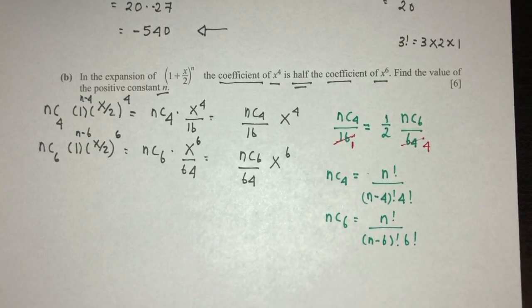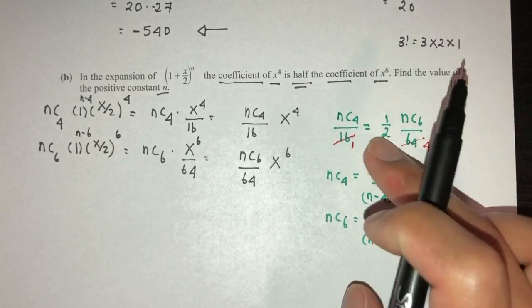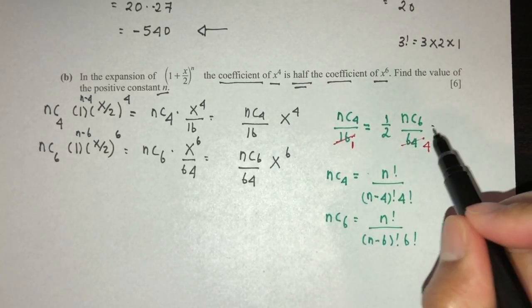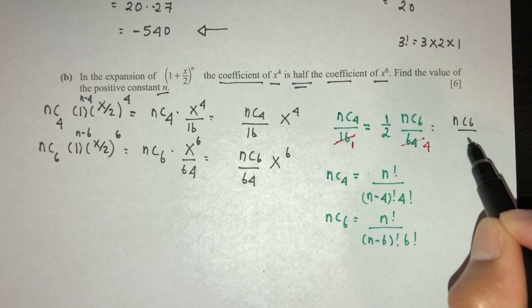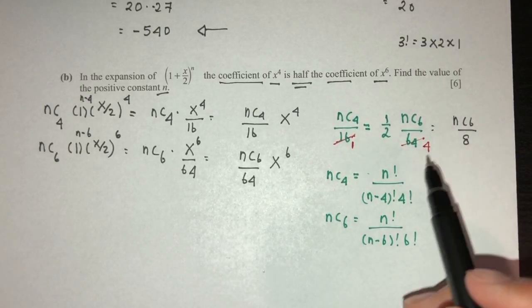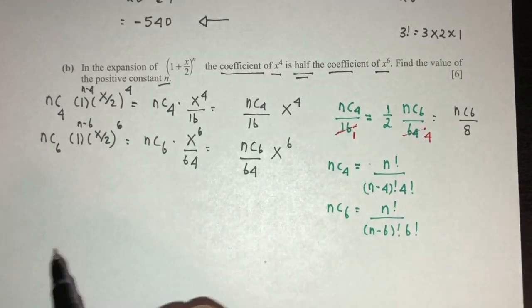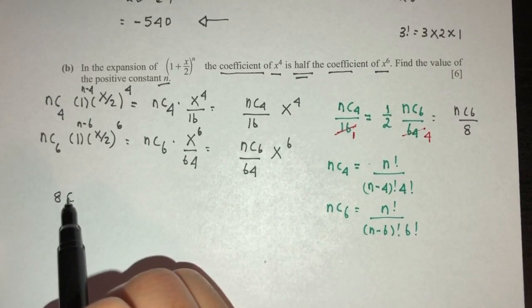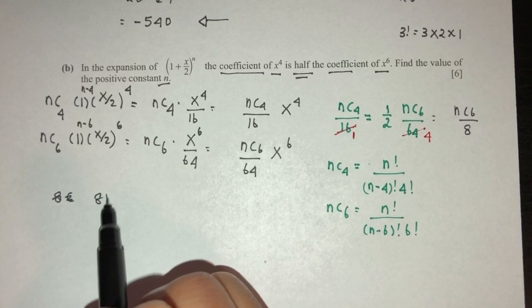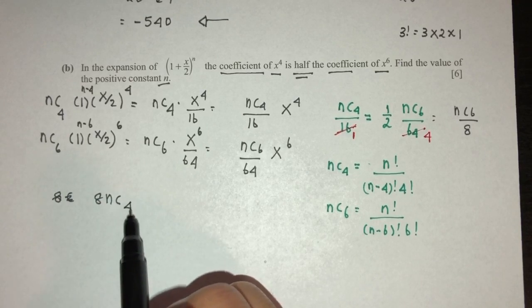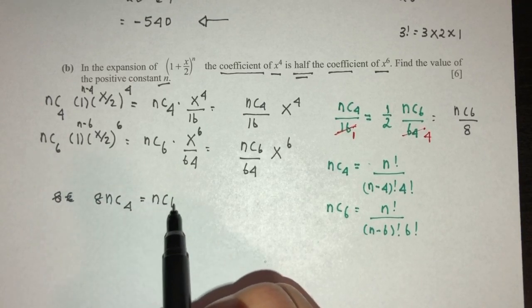Now we can replace this back in your equation to see what happens, right? Here we have 2 times 4 is 8. So here we have n choose 6 over 8. Okay, so we can try to simplify. We can cross multiply if you want to. So we will have 8 n choose 4 is equal to n choose 6.